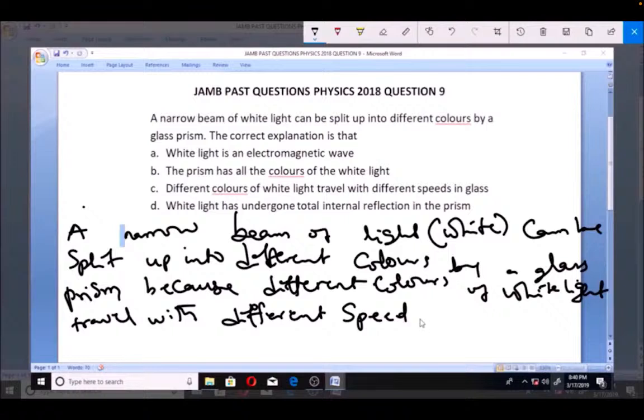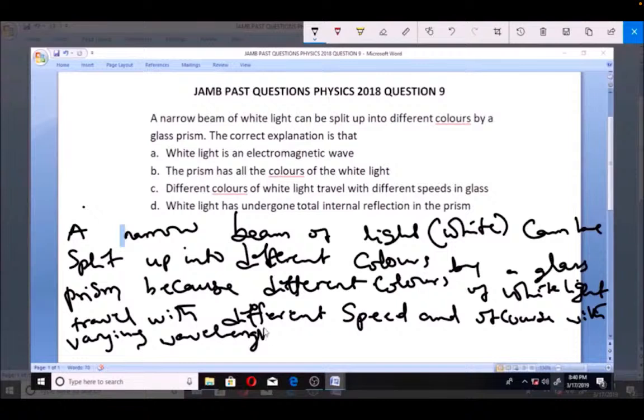So whenever you pass them through a glass prism, you will be able to see that they actually move at different speeds, and you will know that there are actually different colors. And whenever something is moving with different speed, it has different wavelengths.